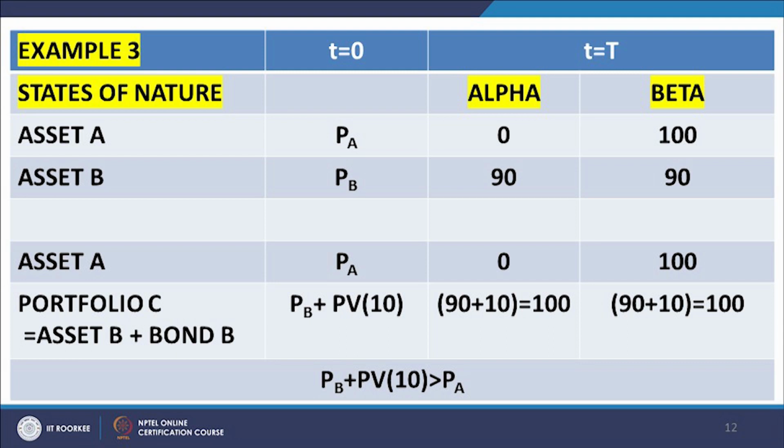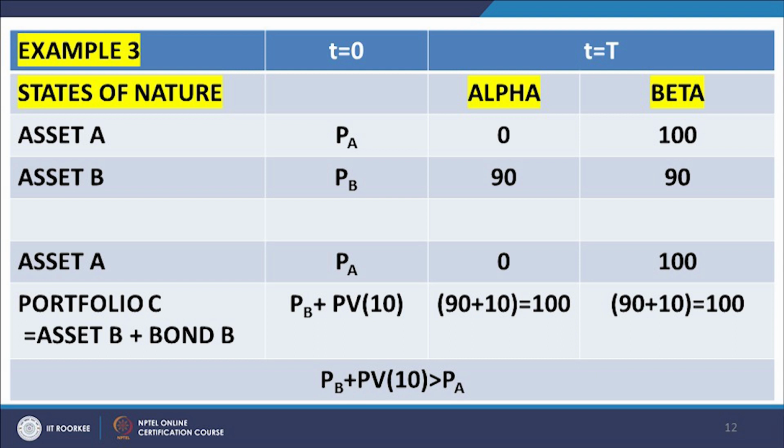Now, let us talk about asset A and asset B. Let us say the price at which asset A is trading at t equal to 0, the point of entry of the investment, is PA, and the price of entry into investment B is PB. Let us assume again a two-state future.